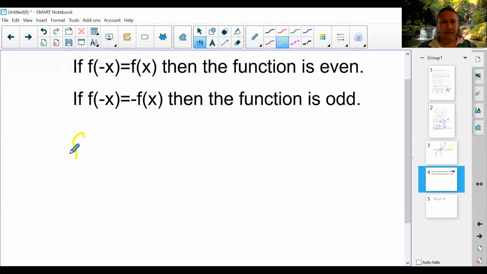I'm going to write it like this, f of x instead of y. f of x equals. Now check out what happens if I put a negative x in place of x. Everywhere that I have an x, I put a negative x.